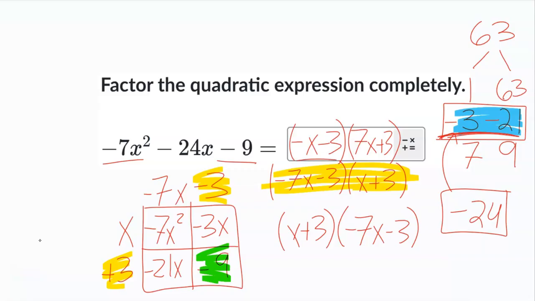I have a -x, -3, but a +x, +3. But if you look at the back side, these are both positive and these are both negative. So this is the same answer. It looks like they're different, but they really are the same thing. I could rewrite these negatives as positives and move this negative out to the front if I wanted to, and then put it back inside the x plus 3. So two different ways gives you the same answer.